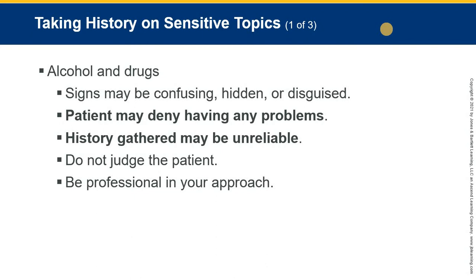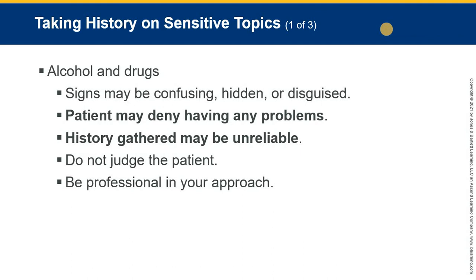Now, anytime the person has drunk alcohol or used drugs, meaning illegal street drugs usually, the actual effects of those drugs and alcohol can mask or hide any signs that may be pertinent to the situation. If someone has drunk a lot of alcohol or they're on painkillers, obviously they may deny having any problem at all.